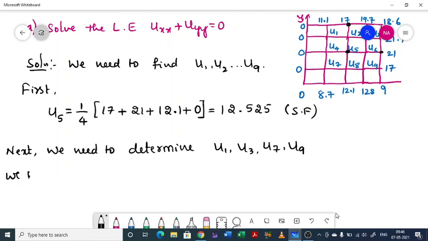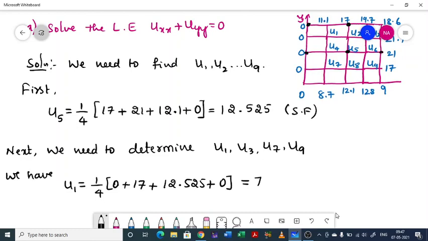So we have u1 equal to 1 by 4 times of 0 plus 17 plus u5, which we have got, 12.525 plus 0. So u1 will be 7.38125.